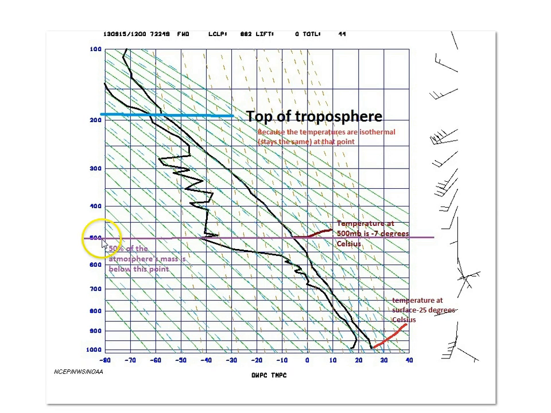And you'll notice that I marked where 50% of the atmosphere's mass is, because from 500 millibars down to the surface, 50% of the entire atmosphere's mass is below this point, and the other 50% is above this point, all the way up through the thermosphere. Obviously, most of the mass is down where we are, which makes some sense. I also marked the temperature at the 500 millibar level, so you can learn how to read it: find the 500 millibar line, and read down to find the actual temperature.